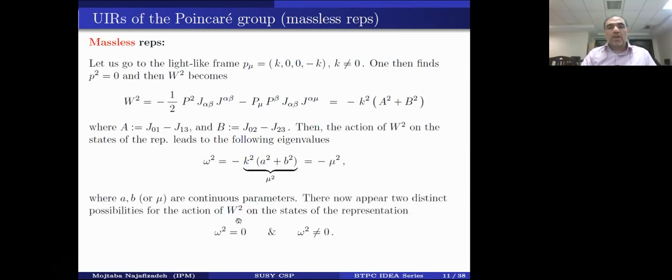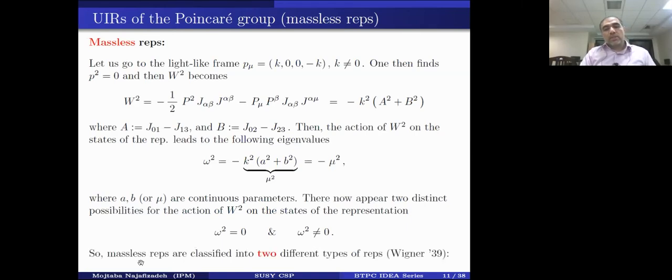So for the eigenvalues of W square, there are two possibilities. Omega square can be 0 or non-zero. This says that massless representations are classified into two different types of representations, as Wigner classified them in 1939. We will discuss each one in the following.